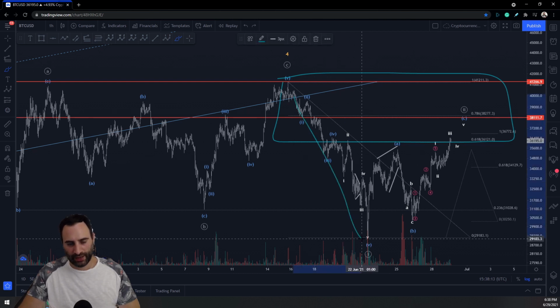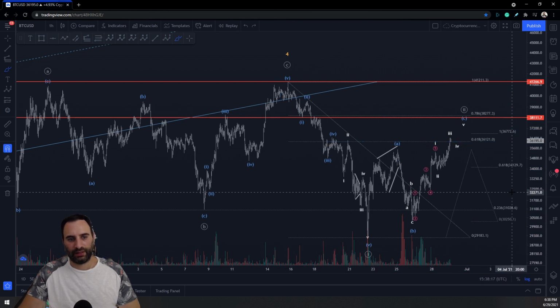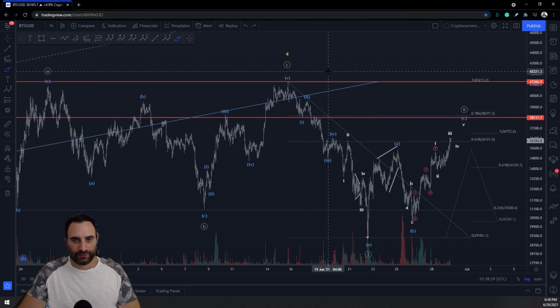Wave 1, 2, of course, then 3 and 4 as well, right? But usually what happens in ending diagonals and leading diagonals as well is that we get deep corrections where we receive a sign that we're going to get a motive wave, not an impulse wave.